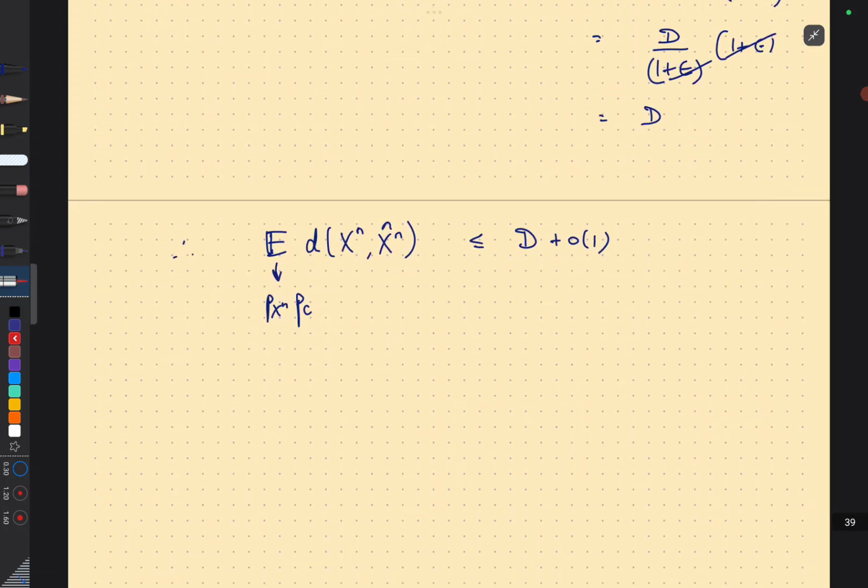So this is less than or equal to d max times the probability of the bad event plus D times the probability of the good event, right?